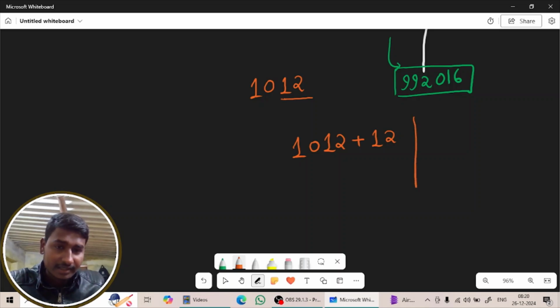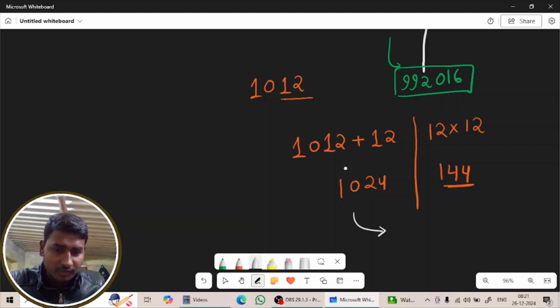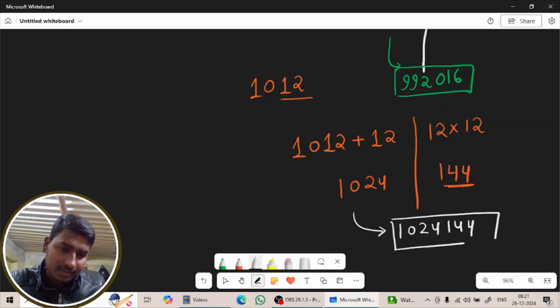And on this side you need to multiply 12 with 12. So 12 times 12 is 144, and this side it will be 1024. Now this is 3 digit already, and we are allowed to take 3 digit only. So now you club them together, 1024 144. This is your final answer.